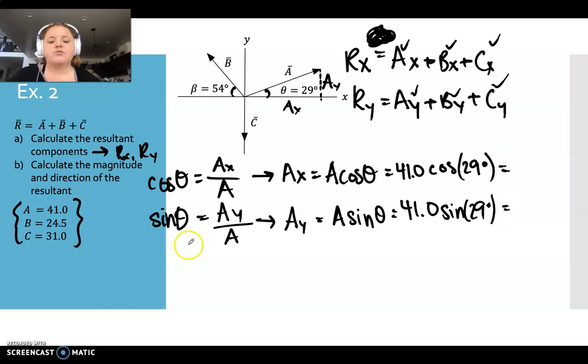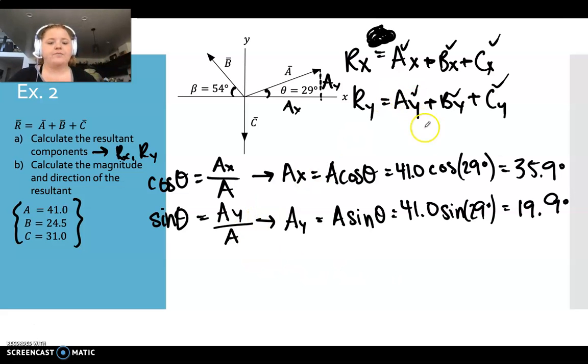Notice that I'm doing all of this, kind of planning it out, and then I will do the calculation in the end. So now I can go ahead and do that. 41 times cosine of 29, I get 35.9. And 41 times sine of 29 degrees is 19.9.